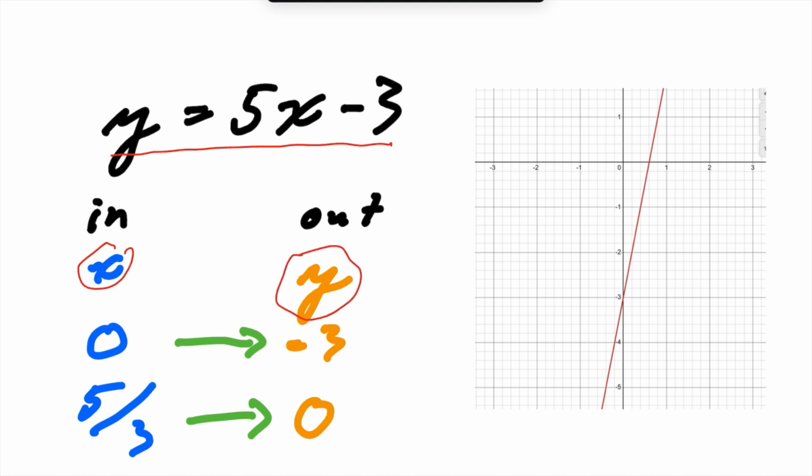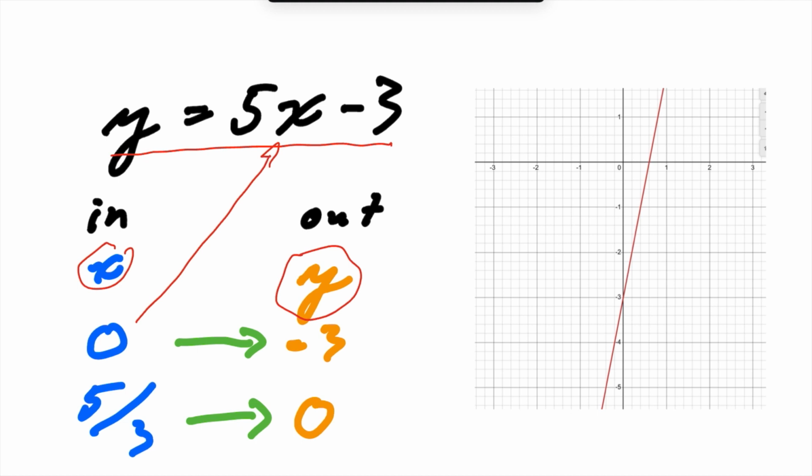So if you put in 0 for x, this tells you the rule, how you get the output depending on what input you give it. You put in 0, perform this calculation, and you get negative 3.